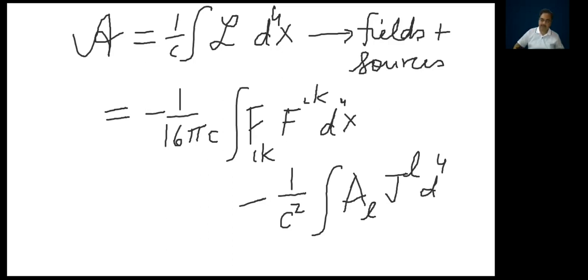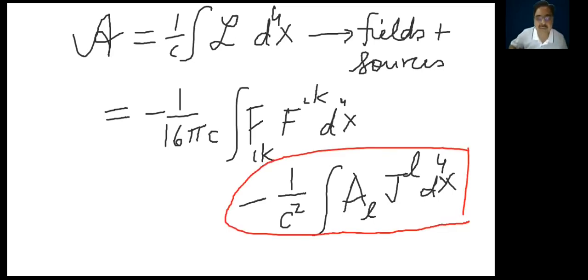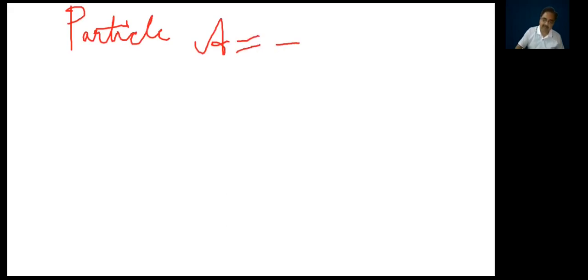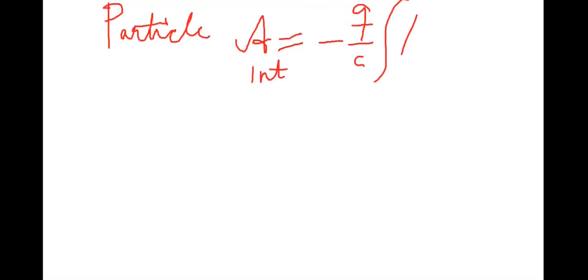Okay, so this is what you get in the action. Okay, and so when you concentrate on this particular term and connect it with the earlier interaction term, you compare this, then you can see that for particle, we were talking about interacting part of action as Q by C. This was for interacting Q by C, and then AI and DXI.